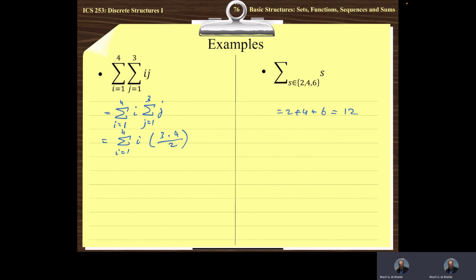This is 6, right? So this is equal to 6 sigma i from i equal 1 to 4. And what is 6 sigma i from i equal 1 to 4? 6 multiplied by sigma i from i equal 1 to 4, 4 times 5 divided by 2. What is it equal to?